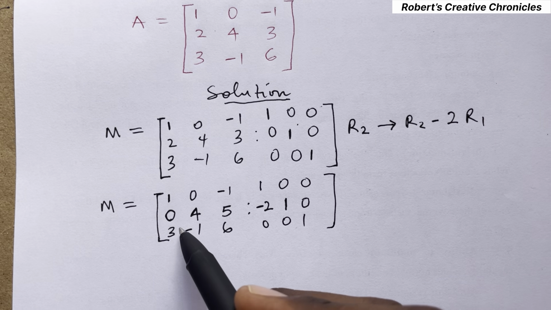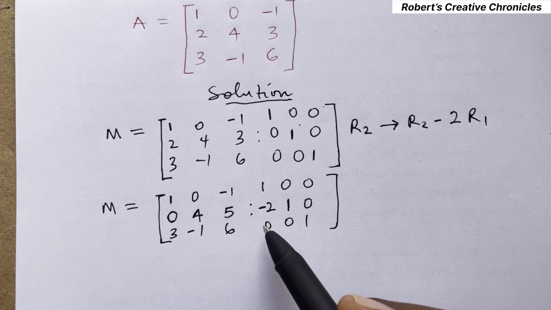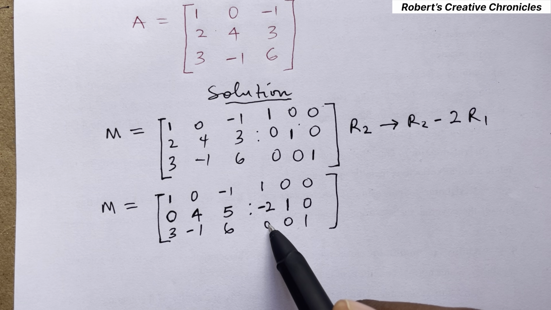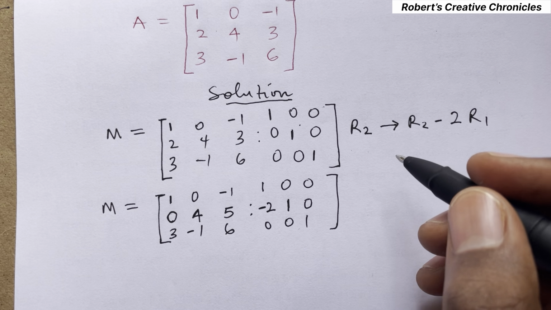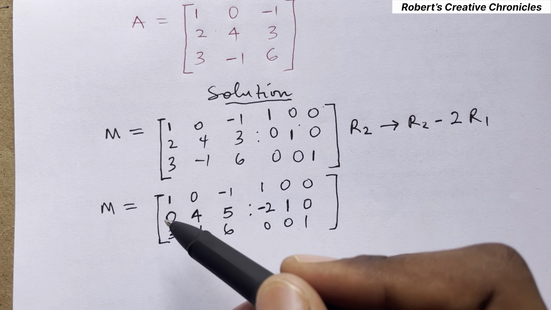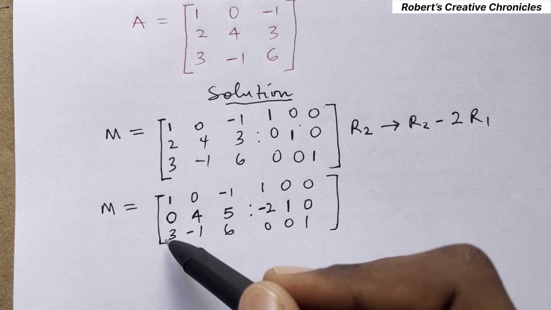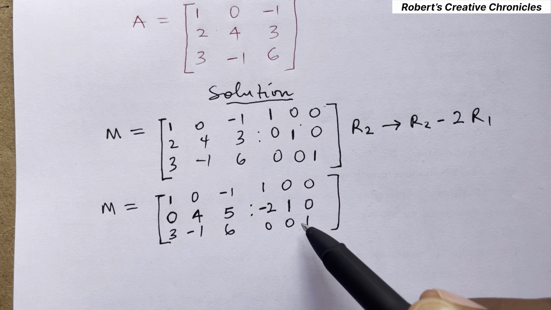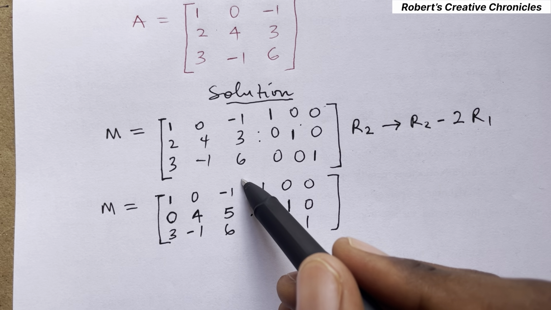Now, we'll convert this to 0. So to convert this to 0, we are going to write this condition. We have to subtract this from something that will be 0, and it's only 3 that can subtract this to be 0. So it will be row 3 minus 3 times row 1.